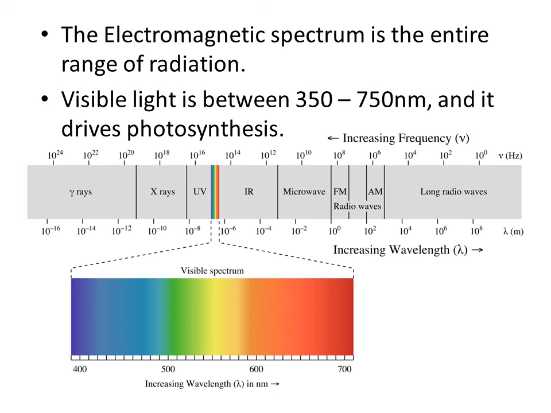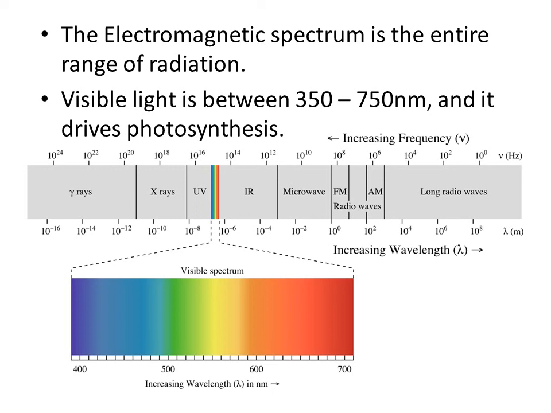Or you can measure from the bottom of the wave to the bottom of the next wave. So we measure crest to crest or trough to trough. Radiation that is super close, with a very, very short distance from crest to crest, is called gamma rays. Versus radio waves, where the distance between crest and crest is very, very far.